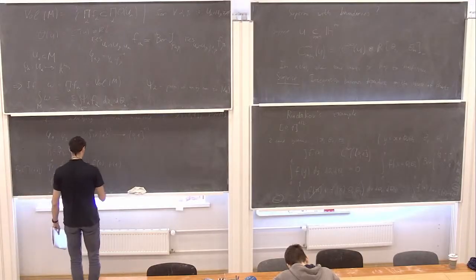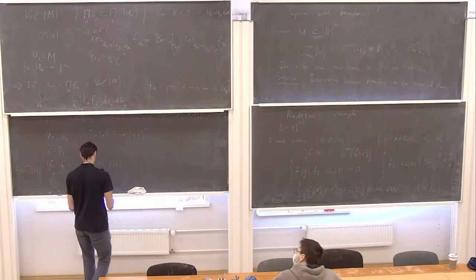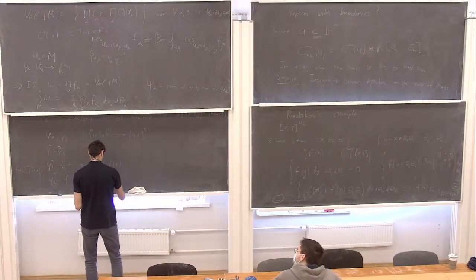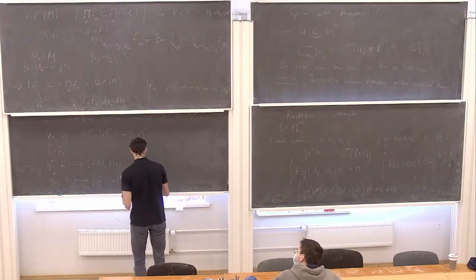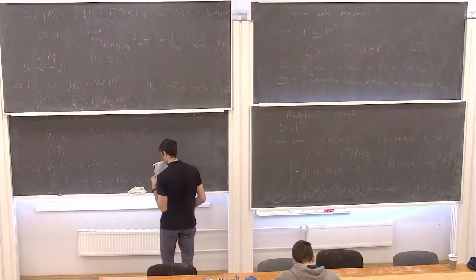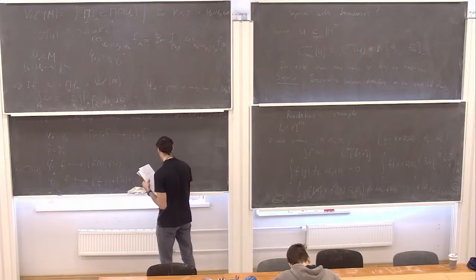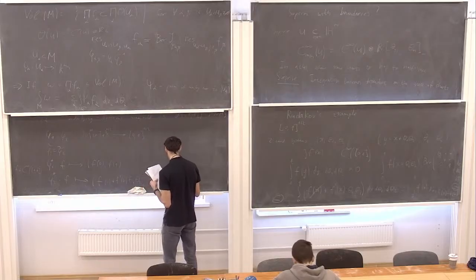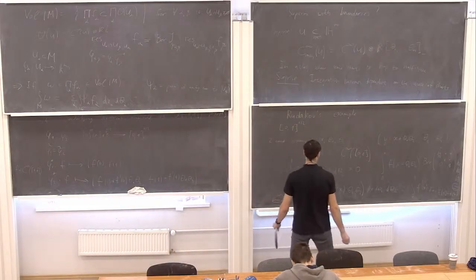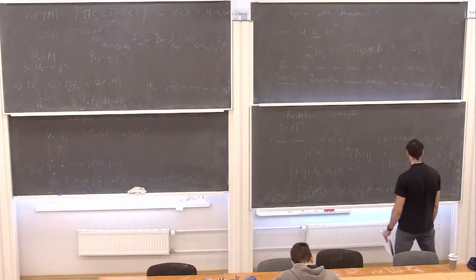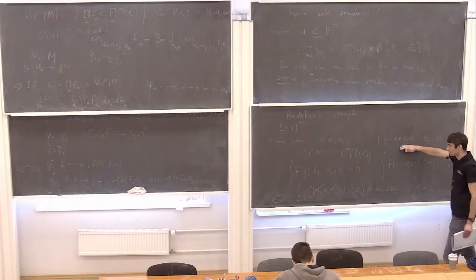That's what I'm writing: f of 0 plus f prime of 0 theta 1, theta 2, and the same at 1: f at 1 plus f prime at 1 theta 1, theta 2. And so the first immersion corresponds to this coordinate system. The second immersion corresponds to this coordinate system.